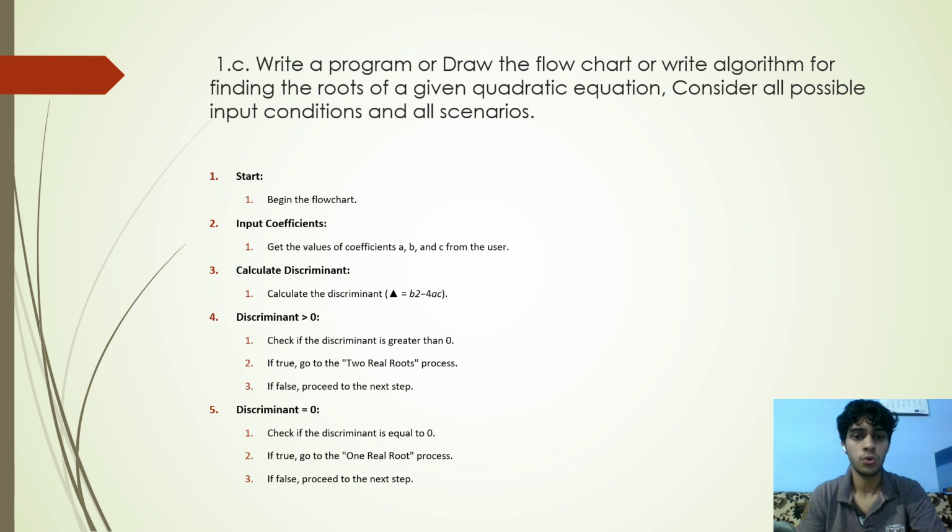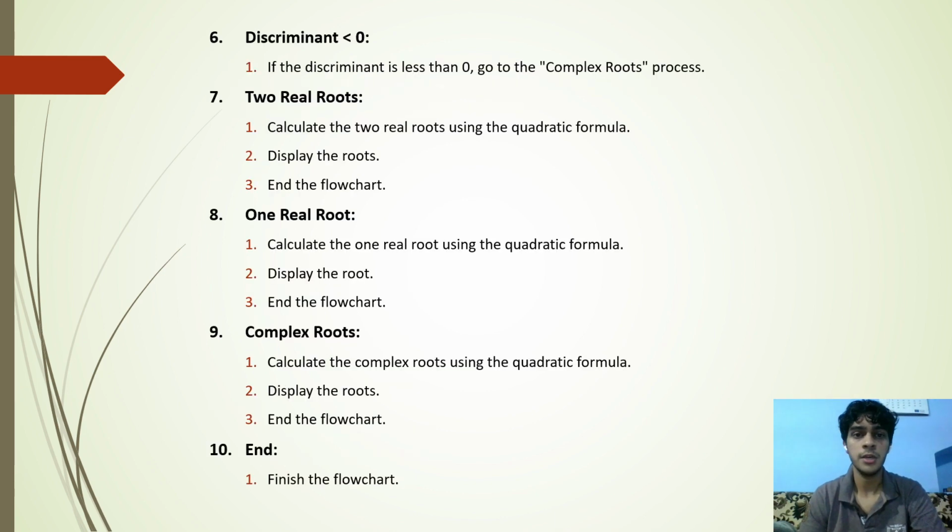If true, go to the two real roots process. If false, proceed to the next step. In the fifth step, we check if the discriminant equals 0. If true, go to the one real root process. If false, proceed to the next step. Now, if the discriminant is less than 0, go to the complex roots process.